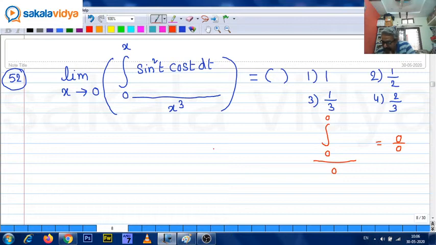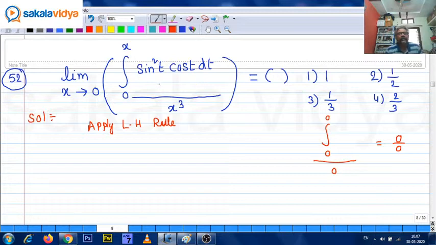Whenever it is an indeterminate form, apply L'Hospital's rule. So solution now, apply LH rule. That means differentiate numerator separately, denominator separately.